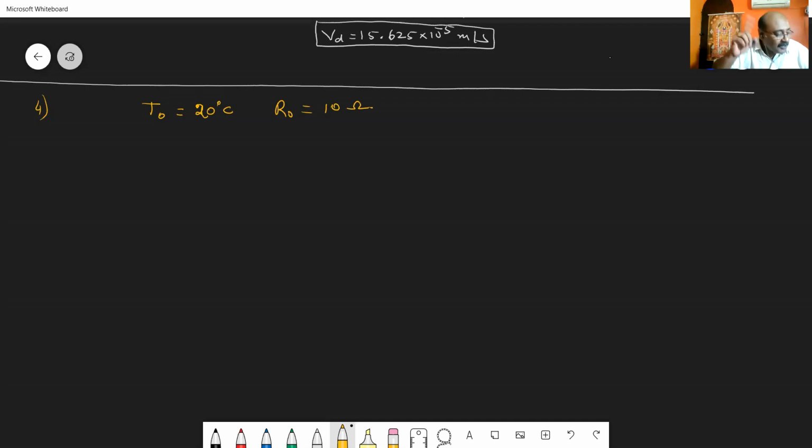In your old book, it is given as 0 degree, but in your new book, it is given as the resistance of the nichrome wire at 20 degree Celsius is 10 ohm. So temperature T0 is 20 degree Celsius, and the resistance at that temperature is 10 ohm. Its temperature coefficient of resistance alpha is given to be 0.004 per degree Celsius.